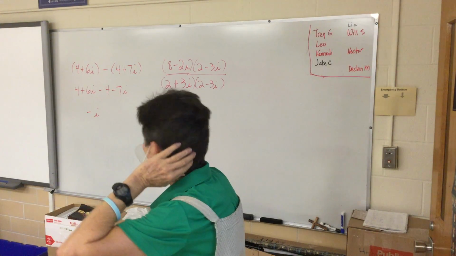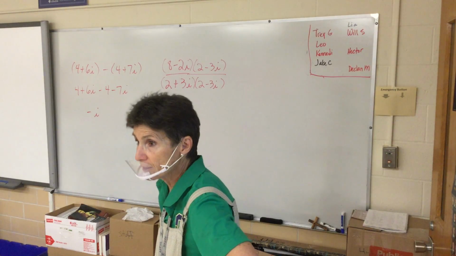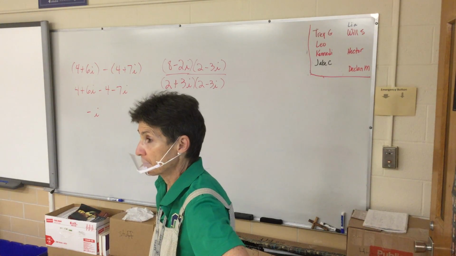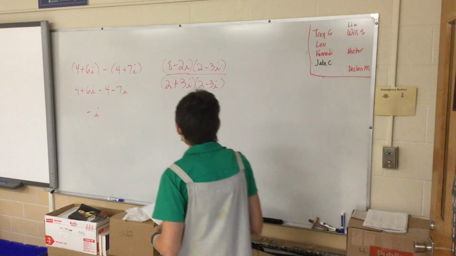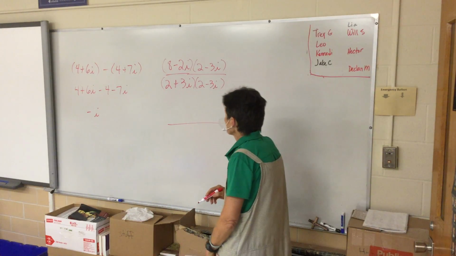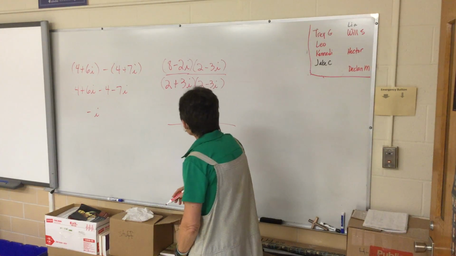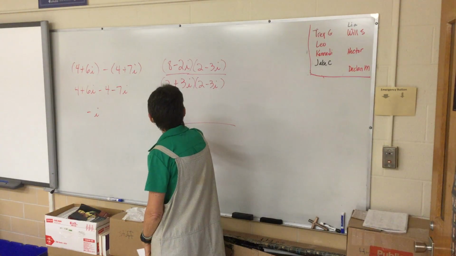You always multiply by the conjugate. And the conjugate, you change the middle sign. That will make the i's in the denominator cancel out when you foil. So now, first, outside, inside, last. Here we go.